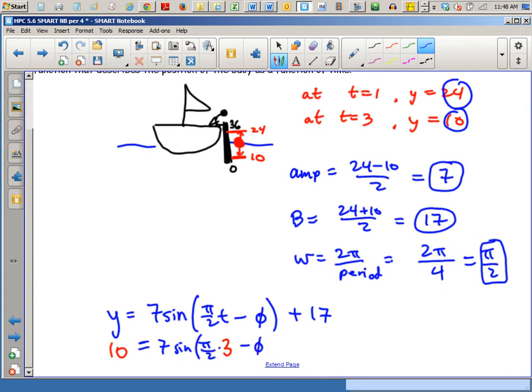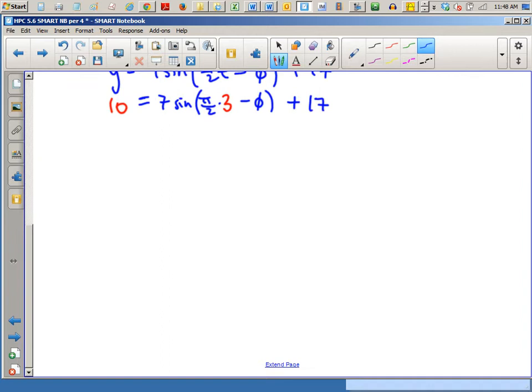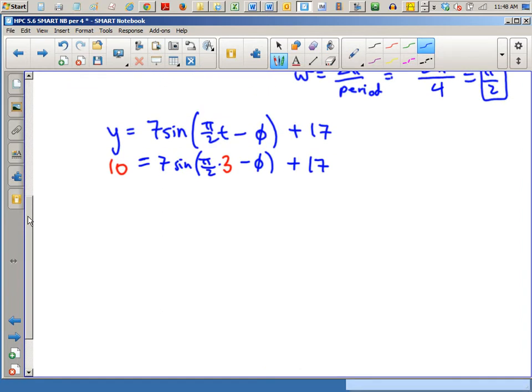I'm supposed to isolate phi now. I think this is the first time in my class that you've ever tried to isolate something from inside of a trig function. So first thing I've got to do is get rid of that 17, so I can just subtract.